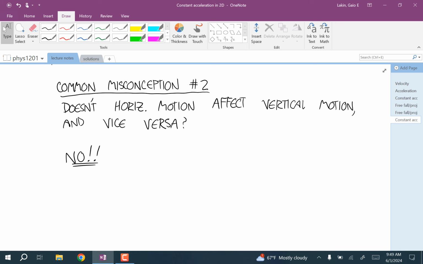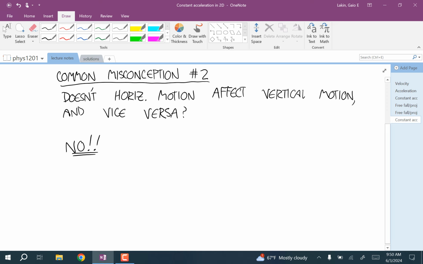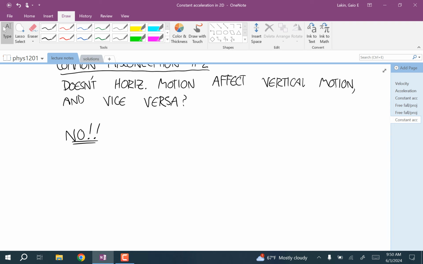So this video shows us that we can break up motions into just the stuff happening horizontally and do those calculations, and then separately do the calculations for the stuff that's happening vertically. And so in order to do that, we have to figure out how to break up position, velocity, and acceleration into horizontal and vertical parts.